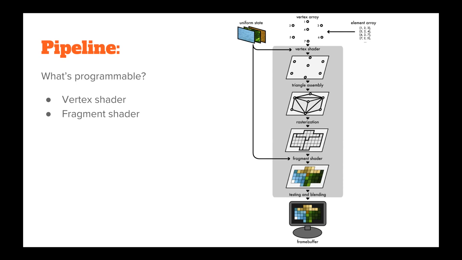Following transforming these points into clip space, we get into triangle assembly. This is a part that we don't really have control over, other than we can provide some information via OpenGL about how these vertices make up triangles, so in what order we should be creating triangles out of these vertices and things like that. So triangle assembly is that step.